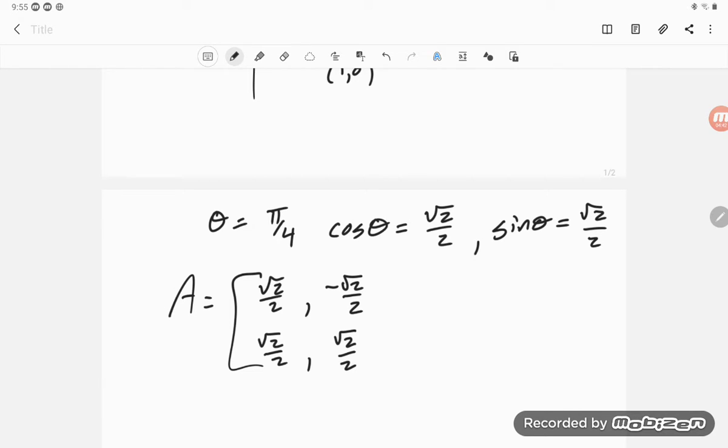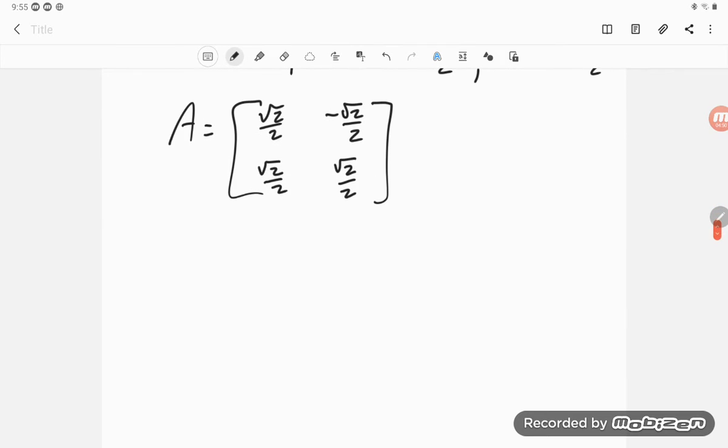I guess I didn't really need those commas in there. So there's my matrix A, because I have cosine, minus sine, sine and cosine.